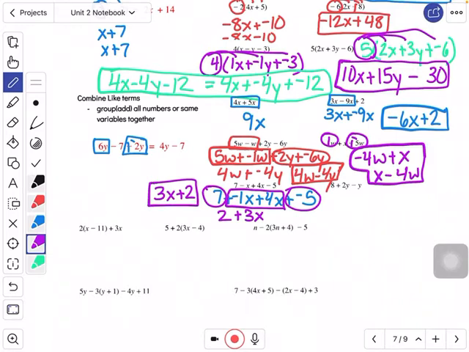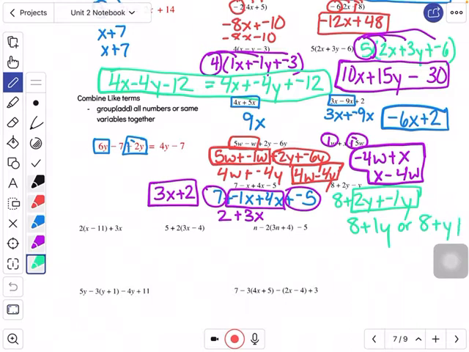But again, I think the variables are technically supposed to come first. All right, 8 plus 2y plus negative 1y, so we add the y's. This is 8 plus 1y, or 8 plus y.